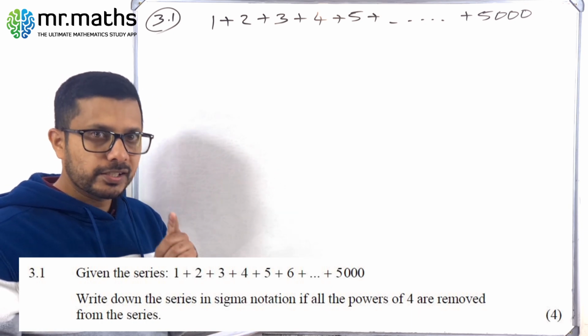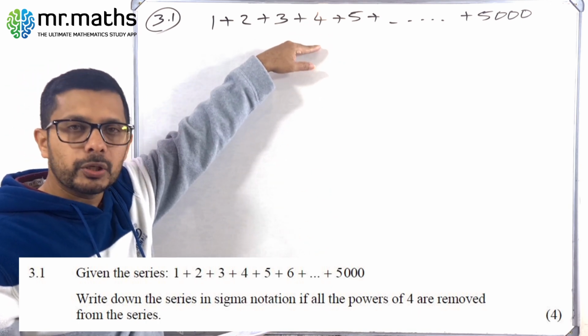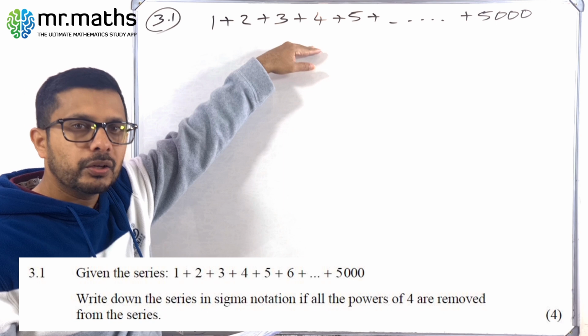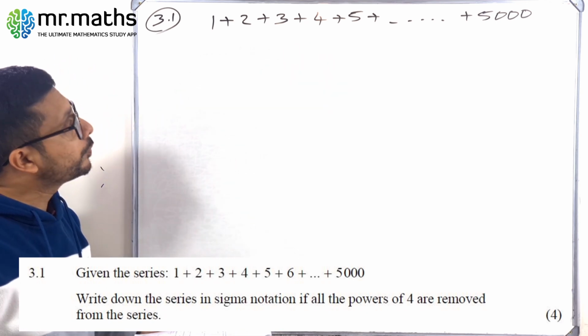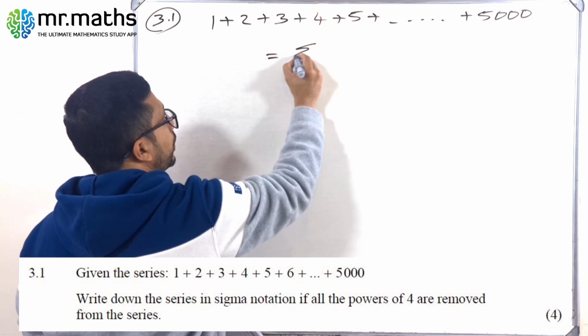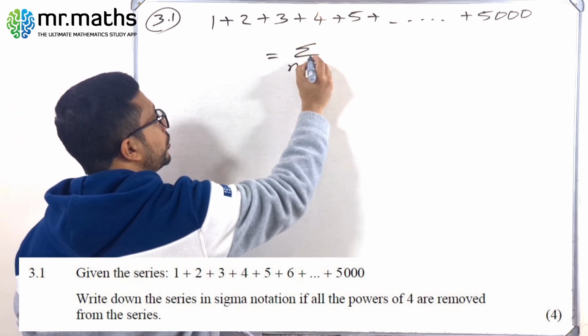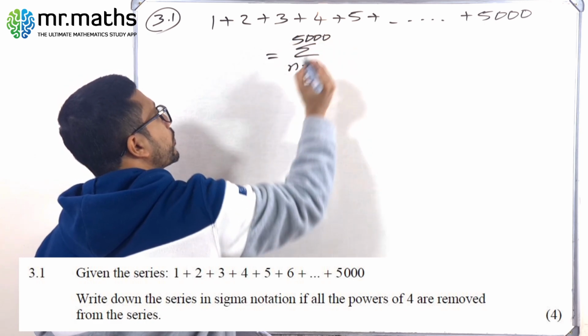If we want to write this one as a sigma notation, then it's easy. How can you write this in sigma notation? This is sigma n is equal to 1 to 5000, because there are 5000 terms, then just n here. Am I right?